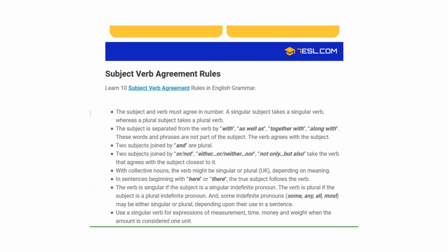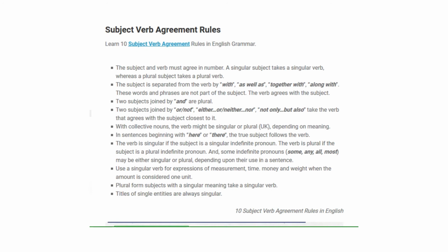Okay, so we can go to subject-verb agreement rules. There are ten rules. So we have the first one: the subject and verb must agree in number. A singular subject takes a singular verb, whereas a plural subject takes a plural verb.